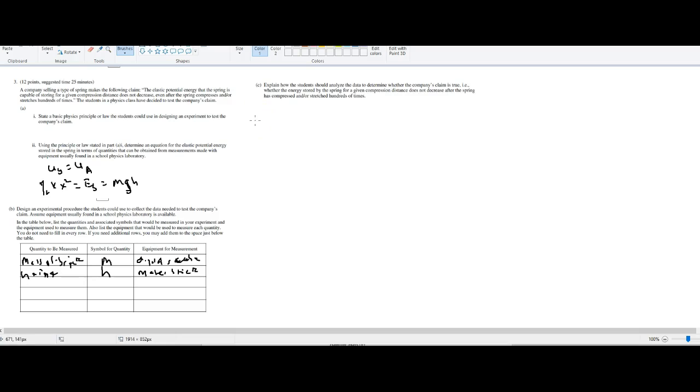All right, explain how students should analyze the data to determine whether the company's claim is true, i.e. whether the energy stored in the spring at a given compression distance does not decrease after the spring is compressed several hundred times.